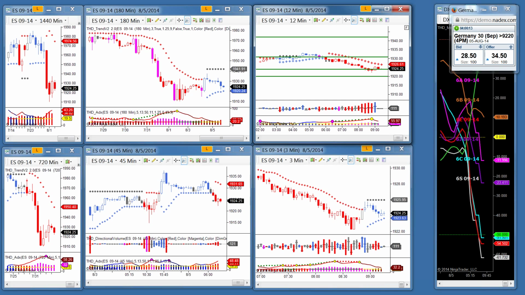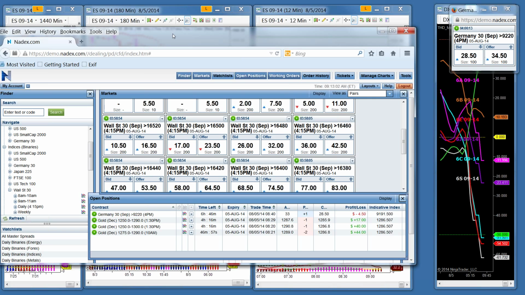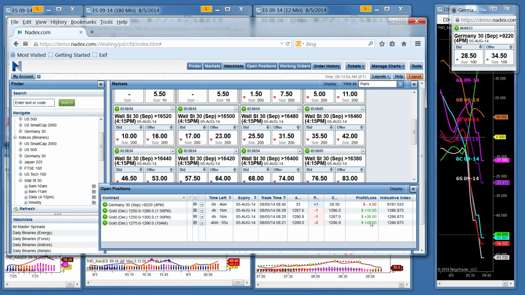We must have been really right on gold. Oh, wrong one. Huh. These are the gold trades that we did earlier. I almost wish I was in my live account on those.